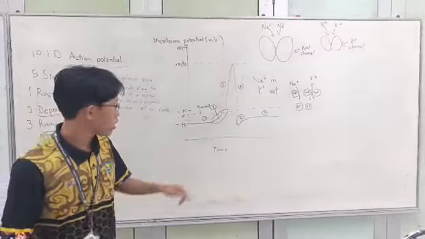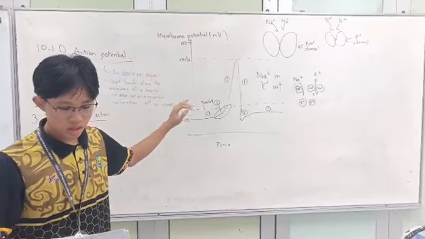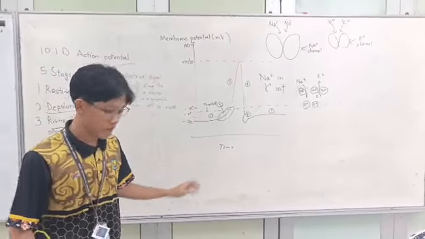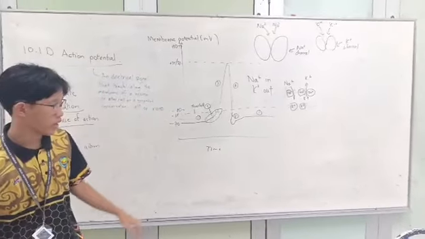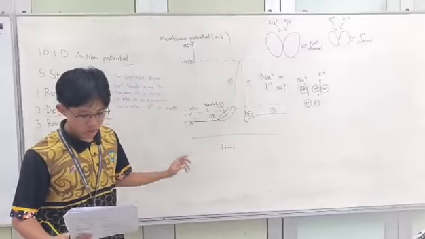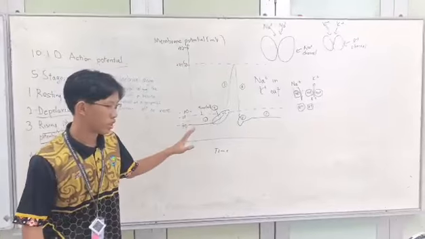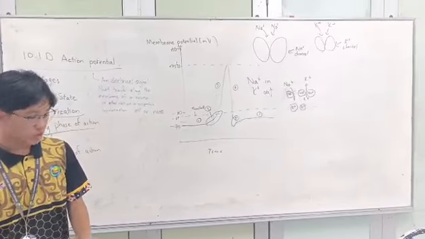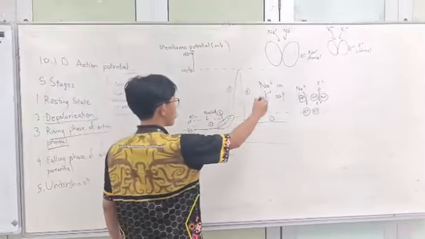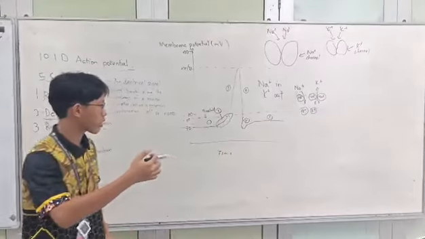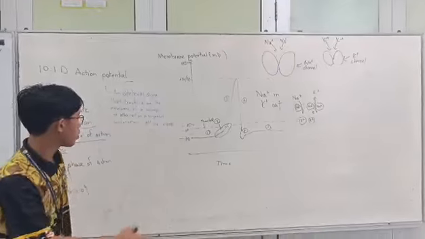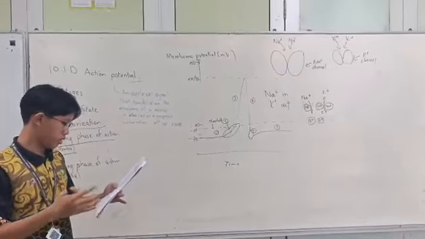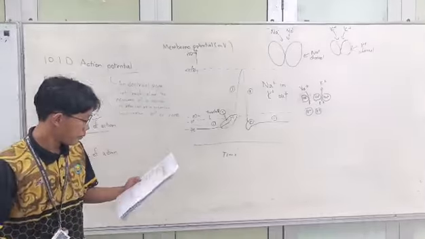At this phase, the voltage gated Na+ channels are inactive, and most of the voltage gated K+ channels open, and this causes the K+ to move out of the membrane, causing it to become more negative.